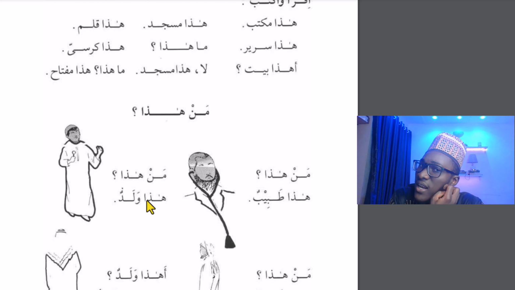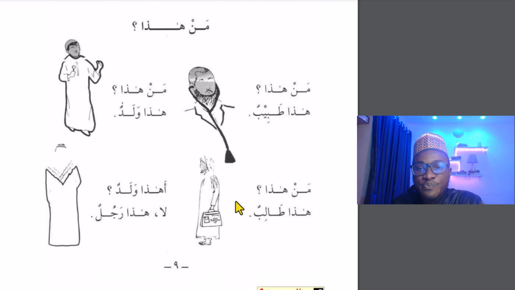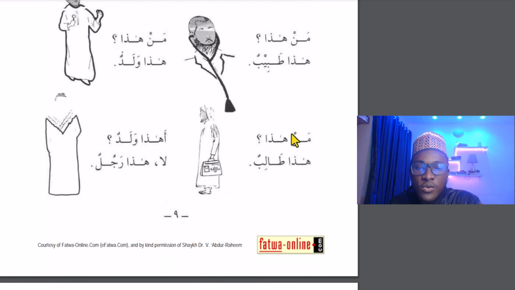Walad in Arabic language, this is for your level actually, might even mean a girl, but let's just accept that at this stage it is a boy. هذا ولد, this is a boy. من هذا, who is this? هذا طالب, this is a student.